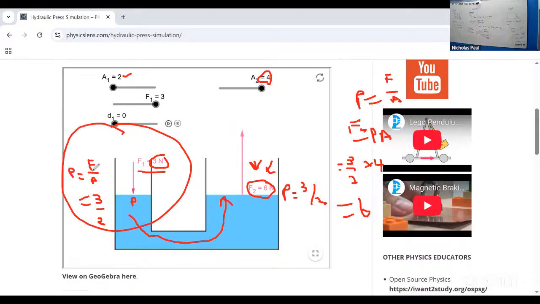Decrease what? F1. Decrease the F, sure. Okay. Reason? Why should we decrease the area to make the force bigger?